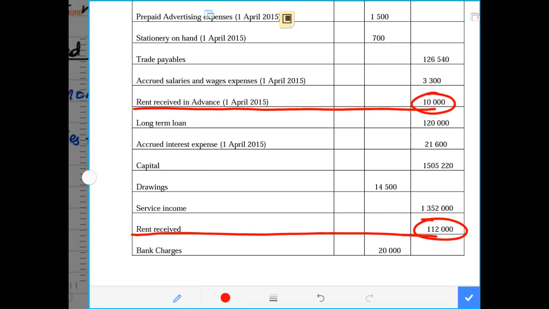So if we received 10,000 of rent from last year, in the current year we are supposed to receive only 110,000 rands. If we receive any amount above 110,000 rands, that will be another rent received in advance.